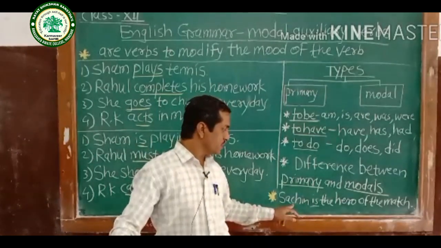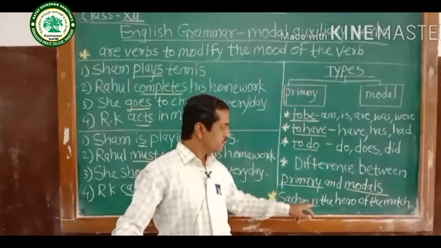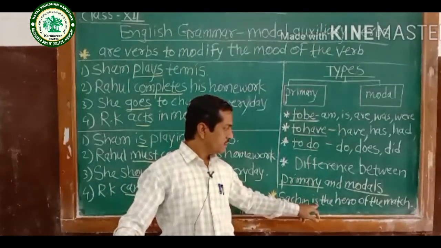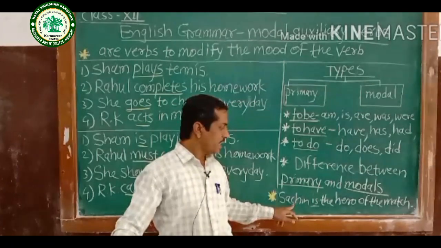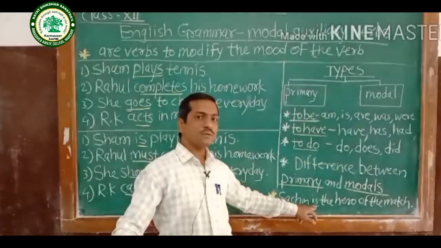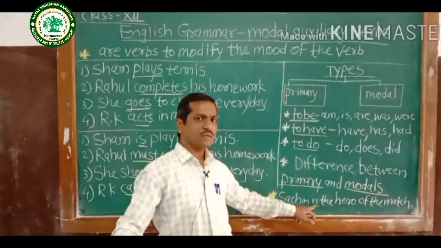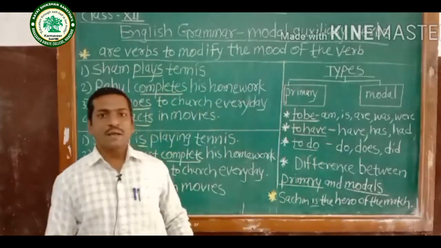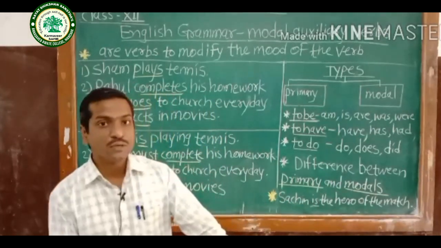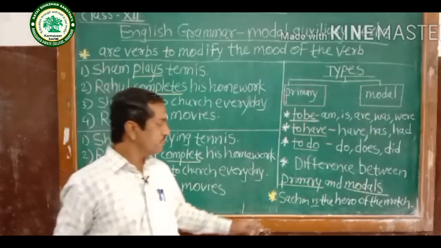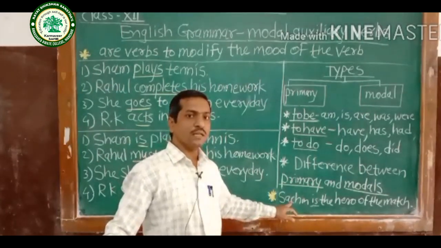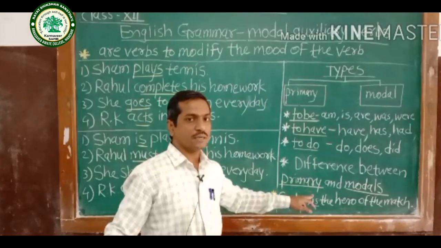If I use they, I use are: they are. If I use I, we will write am. They can work as a main verb in a sentence, and they also help the main verb of a sentence.